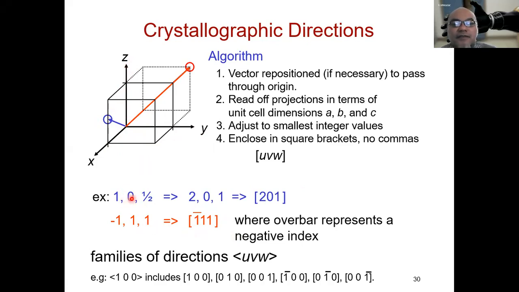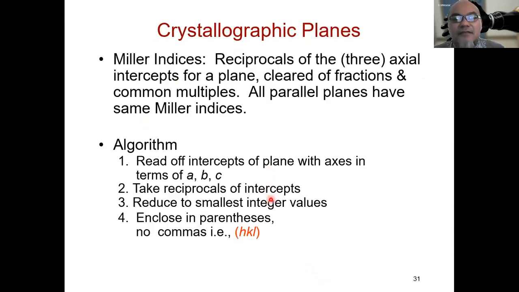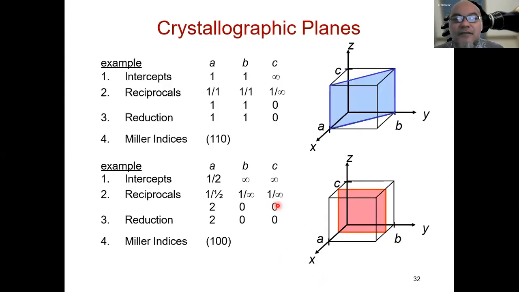So it is represented as 1 0 1/2, but then we have to make it integers. We multiply by 2, and it becomes 2 0 1. This direction then becomes [2 0 1] within square brackets. Families of directions are indicated within angle brackets. Planes we have also studied, so I will not discuss them in more detail.